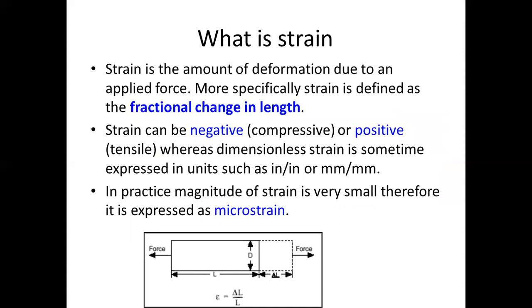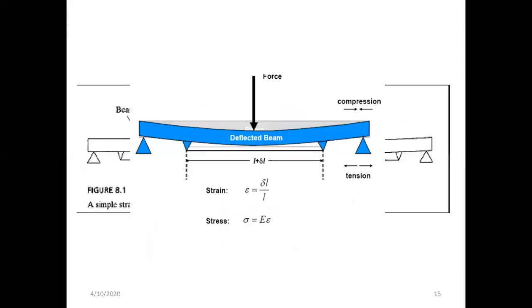Strain is measured in microstrain. It may be negative or positive depending on the force we are applying. Let us take a sign convention: if we are applying a tensile force, it may be positive; if we are applying a compressive force, it may be negative.